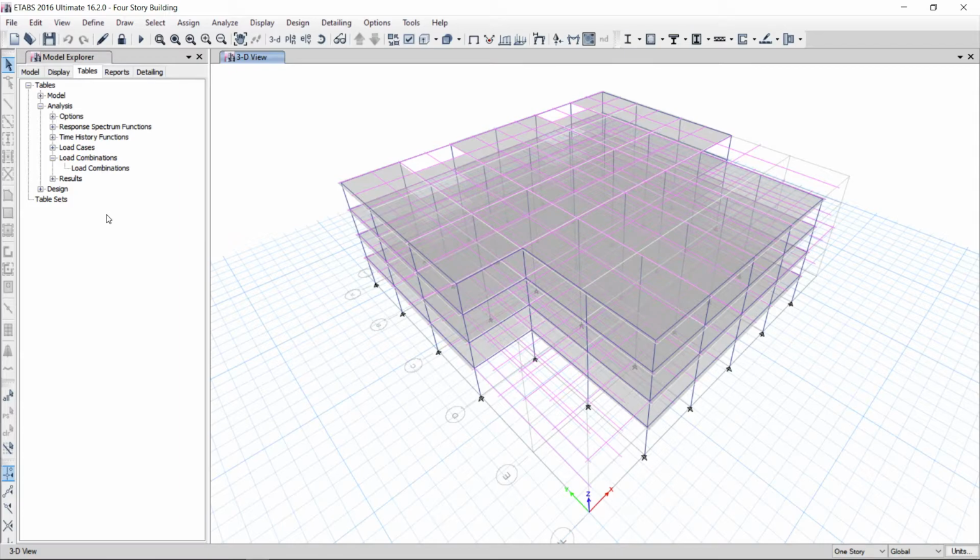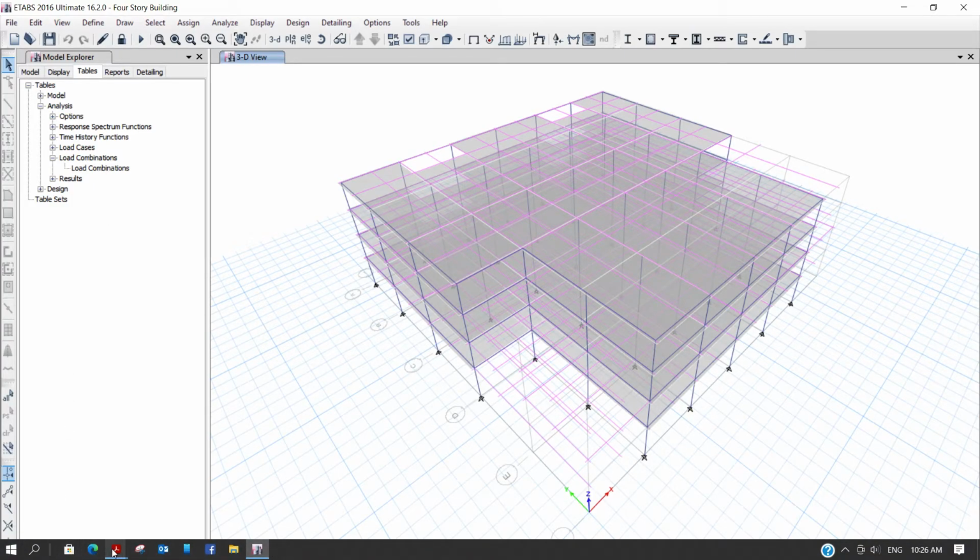A structural engineer should not be the slave of a software, rather the software should be his slave. He should know what he has to do with the software so that the actual scenario is modeled mathematically.